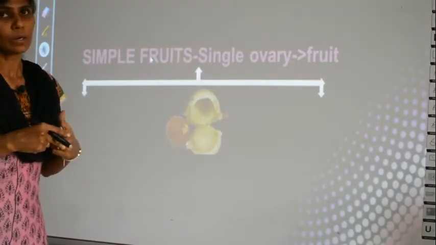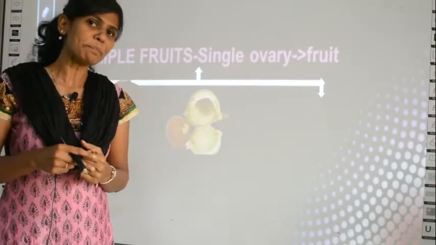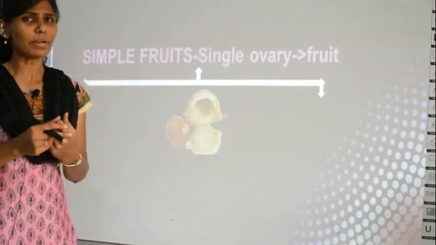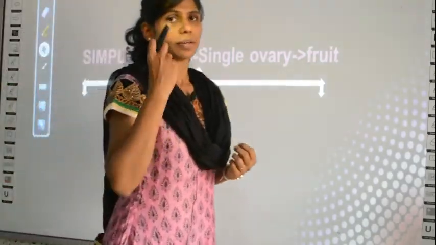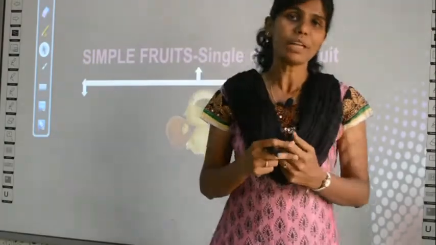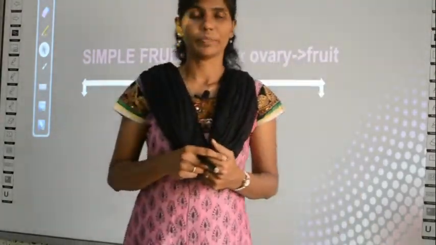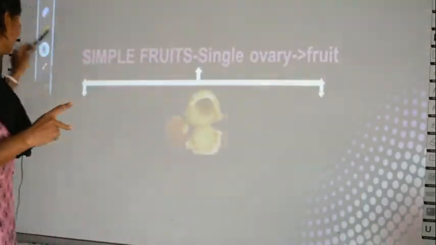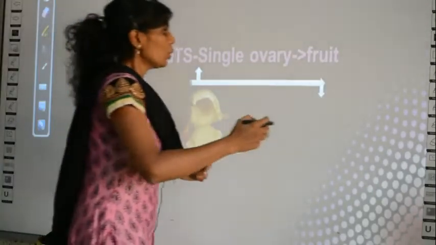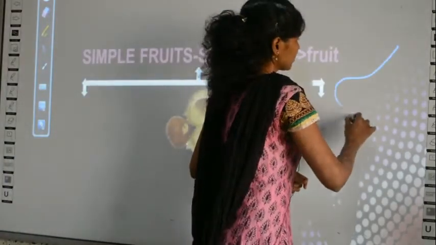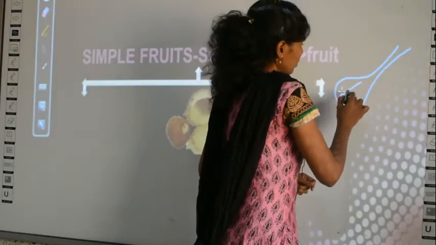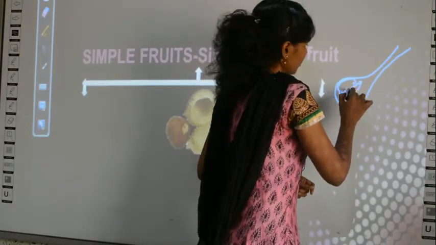Next we learn about the types of simple fruits. What are simple fruits? See, a fruit develops from an ovary. In a flower you can find an ovary, and you also have ovules, all right.